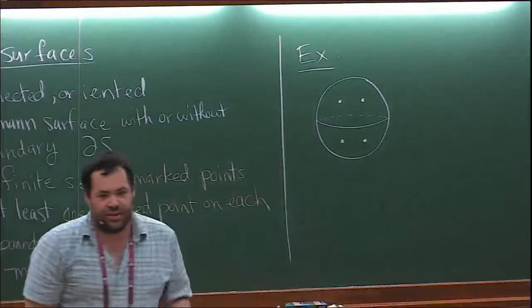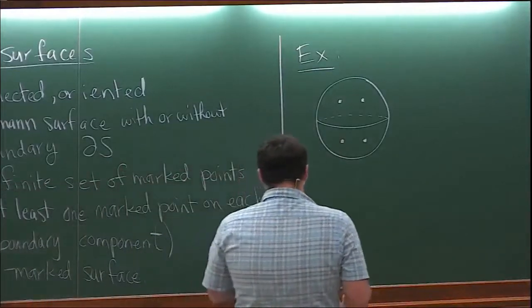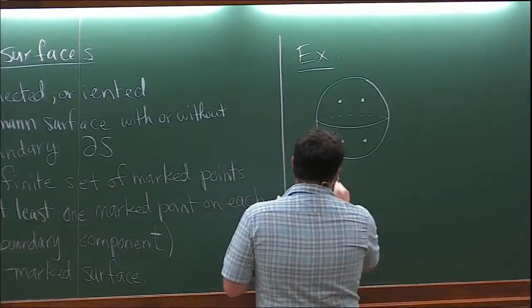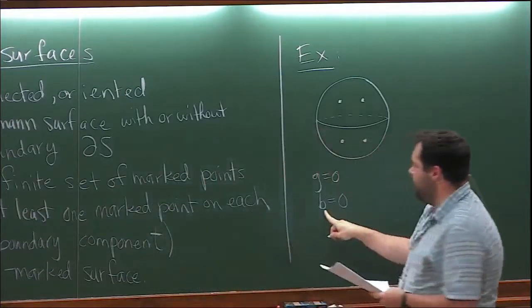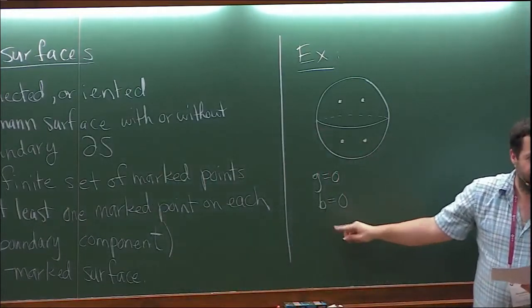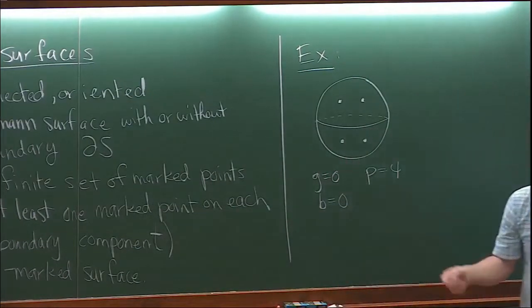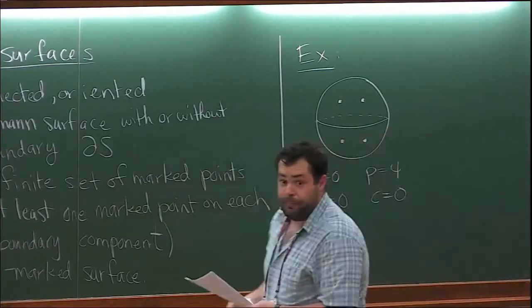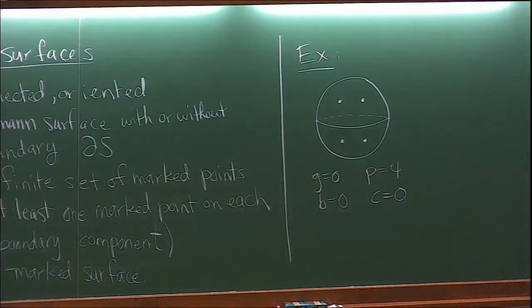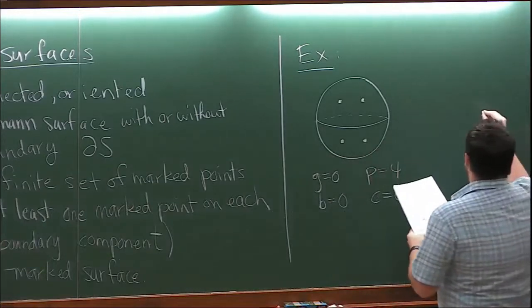So here's something of genus 0 with 4 punctures. I'm going to write g equals 0 for the genus, and b is the number of boundary components. This one has none. p is the number of punctures, these points that are not on a boundary component, so there are 4. And c is the number of marked points on a boundary component, so there are 0 here. I'm going to draw a lot of them so you remember what these g, p, b, and c mean.